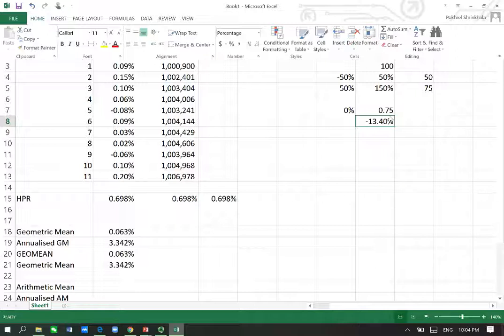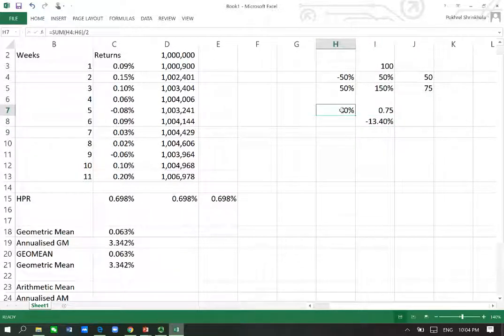In order to obtain this, what we have done is basically the procedure of geometric mean. In the geometric mean, what we need is 1 plus r1, 1 plus r2, all the way to 1 plus rn, to the power 1 over number of periods, take away 1. So the arithmetic average is simply additive, but the geometric mean is multiplicative because we find 1 plus r1, 1 plus r2, and so on.